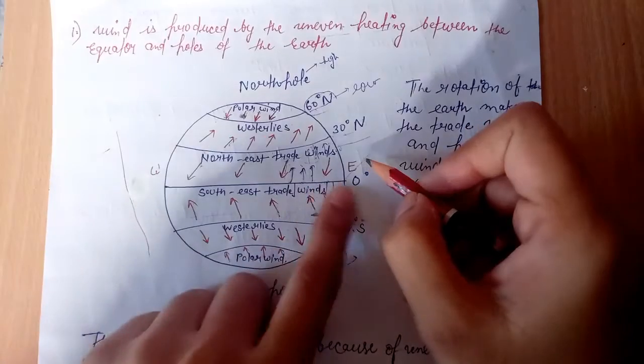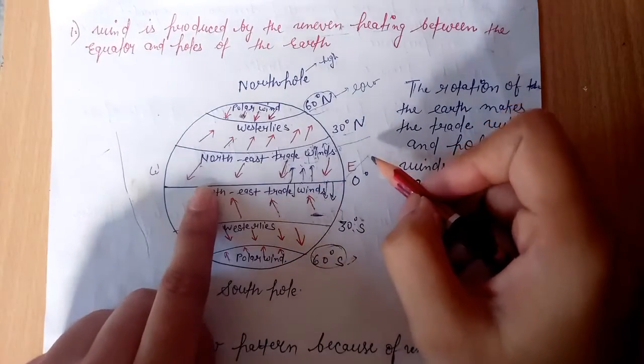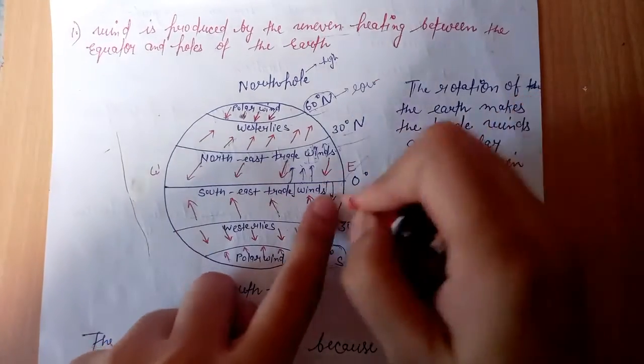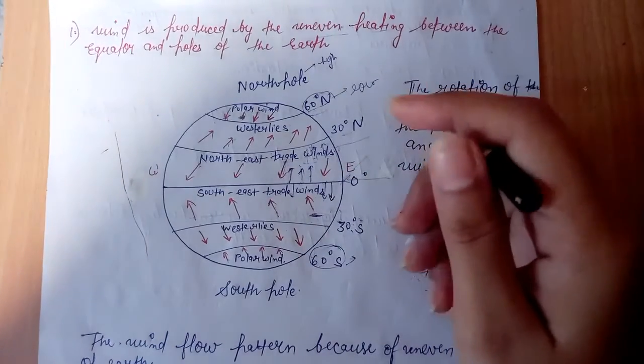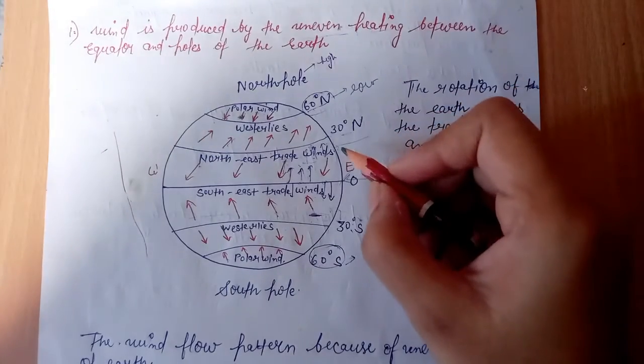You know that at the region of the equator, direct sunlight falls, so the region near the equator is warm, and the air above the equator region is warm.